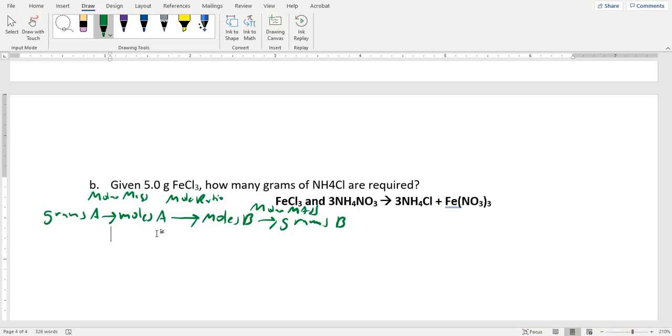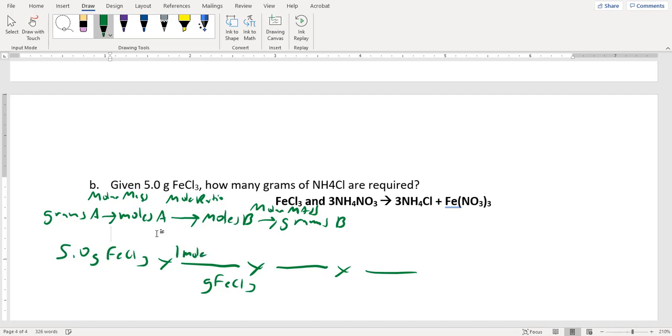So the starting value is iron chloride, so 5.0 grams of iron chloride. My advice as you do this is to set up a couple skeleton conversion factors in your unit analysis problem. Automatically, using our unit analysis pattern, we know that to cross cancel, the grams of iron chloride should go on bottom, and then it should be out of 1 mole of iron chloride.